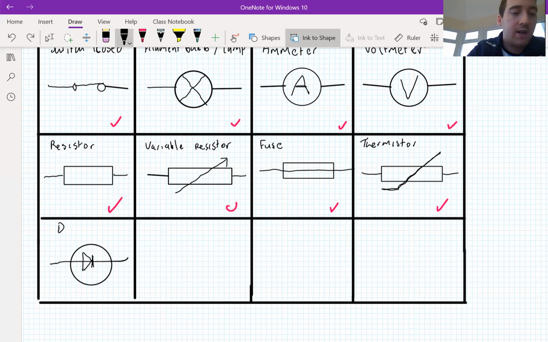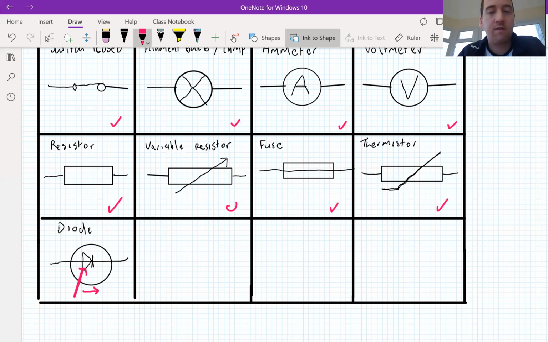A diode, D-I-O-D-E, diode. And the job of the diode is it allows electric current to flow in one direction only. And you can think of this triangle actually as being like an arrow. It's pointing to the right, and that's the direction that it lets the current flow.